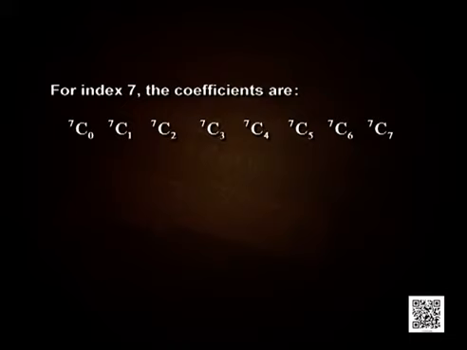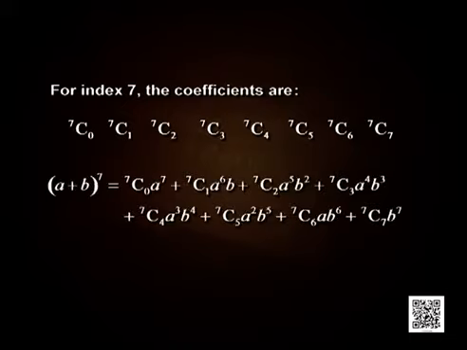I can use this general pattern and say that (a + b)^7 will be nothing but 7C0 a^7, so the first term starts with the highest power, which was the index 7, and in each successive term the power of a gets reduced by 1, whereas the power of b increases.